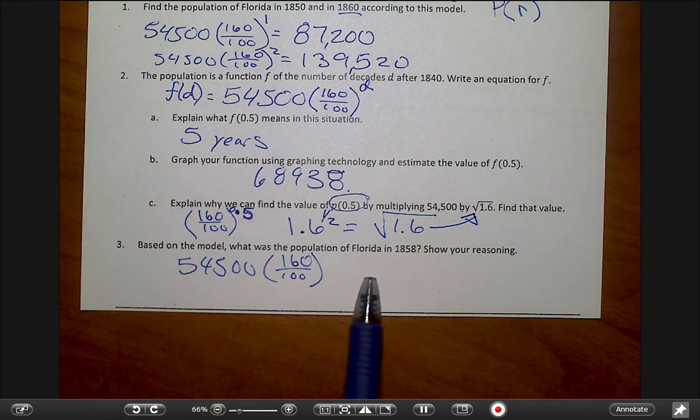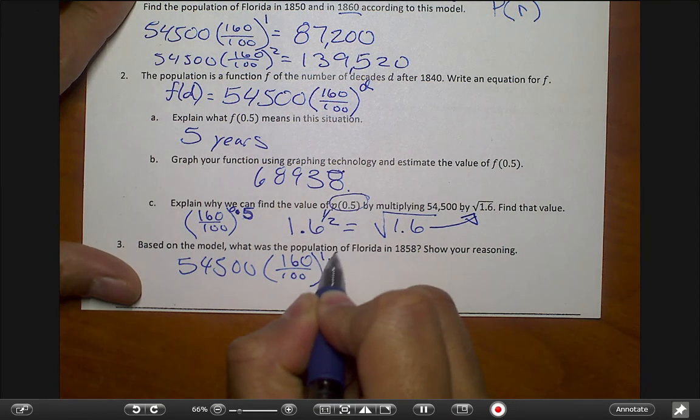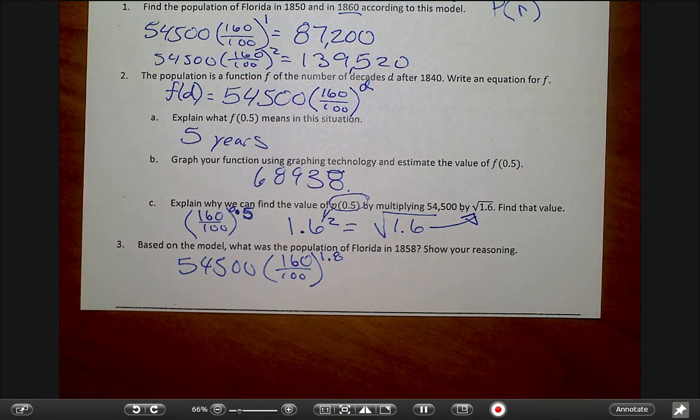It's 18 years, isn't it? But how many decades is that? That's 1.8, because there's 10 years in a decade, right? So 1.8 is going to be the value you're going to use. And you can use the vars again if you need to.